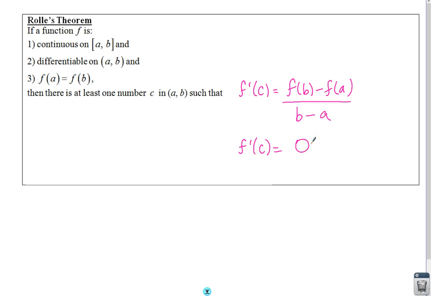Okay, so f prime of c is equal to 0 because f of b equals f of a.